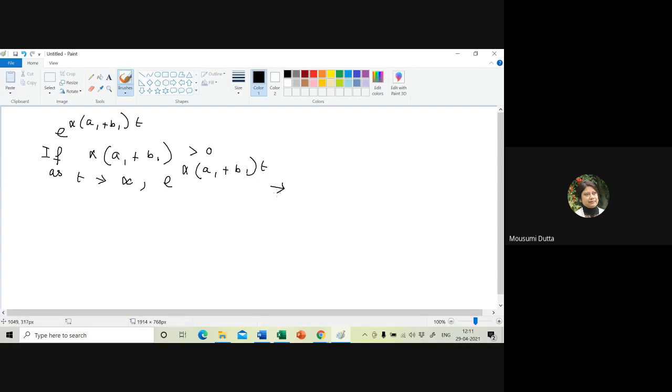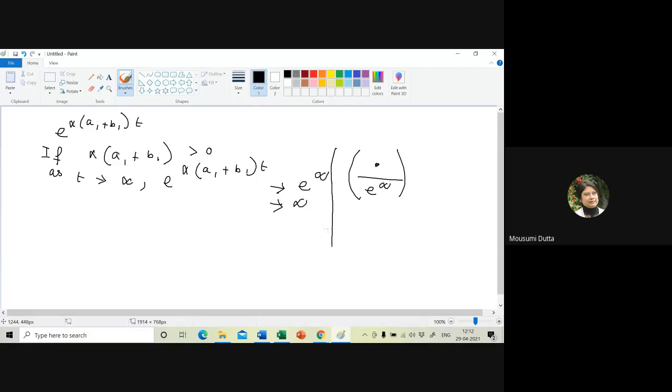This entire expression, are you agreeing? Okay. E to the power infinity. If you consider e to the power infinity, it is moving towards infinity, so in the denominator you have e to the power infinity itself moving towards infinity.